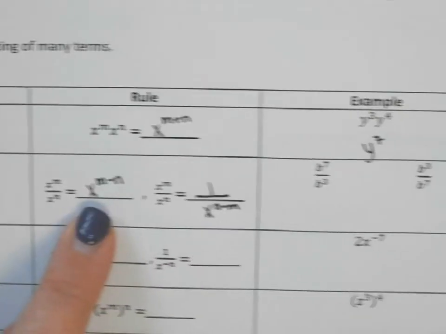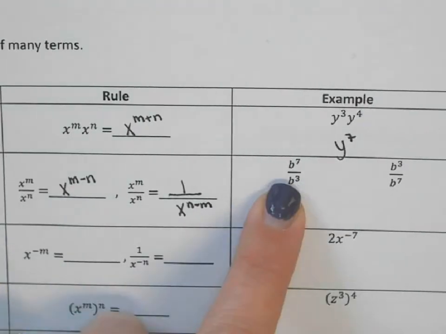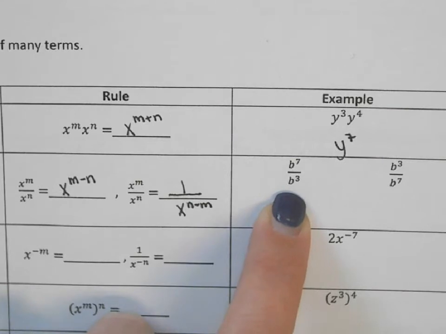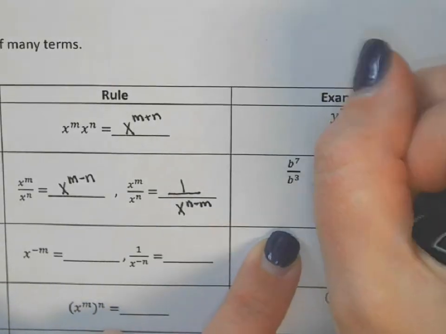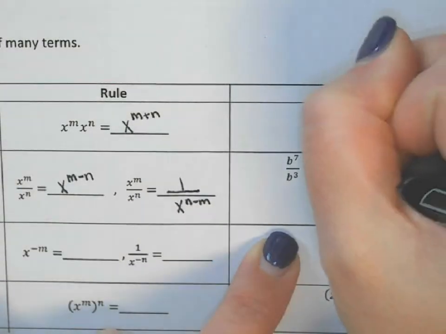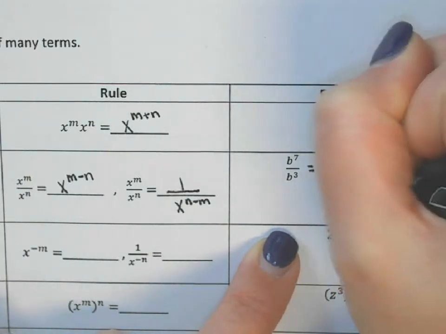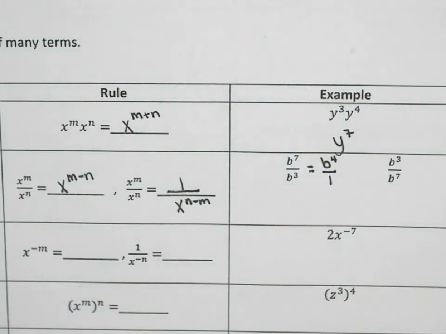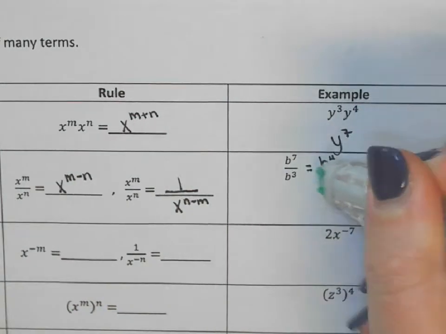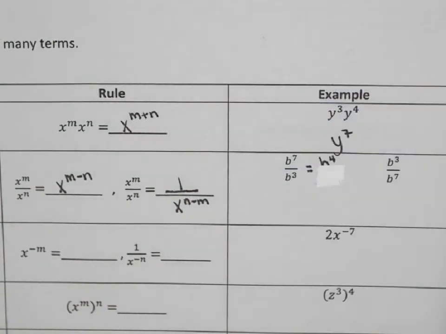So for example, b to the 7th over b to the 3rd. If we're going to write our answer on top, this would be b to the 7 minus 3, which is b to the 4th. This would still be over 1. You don't necessarily have to put it over 1, though. You could just leave it b to the 4th power.